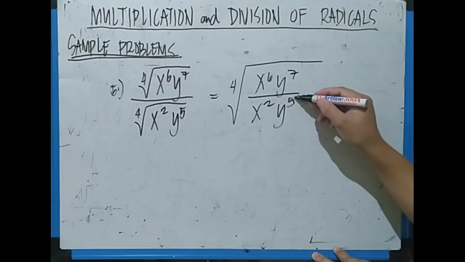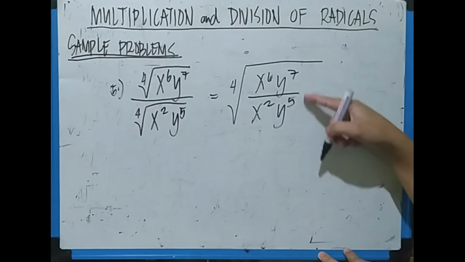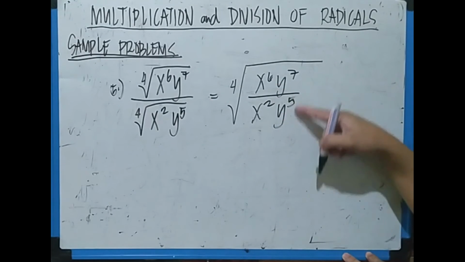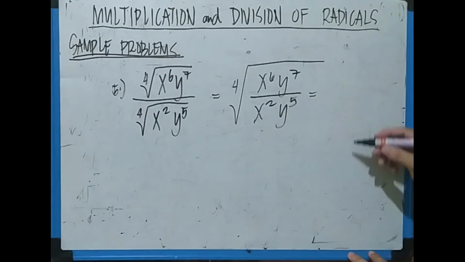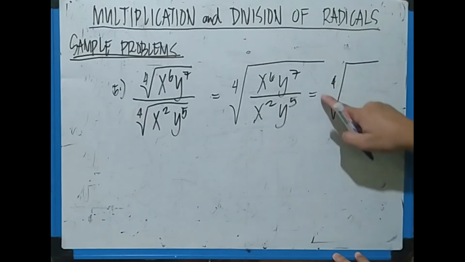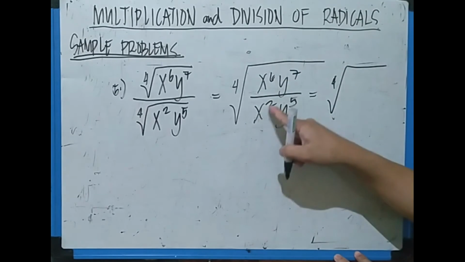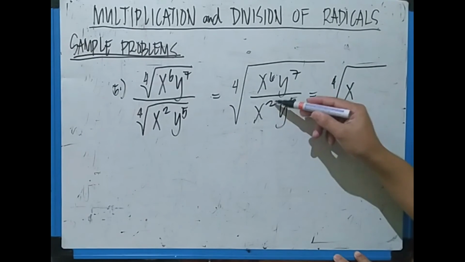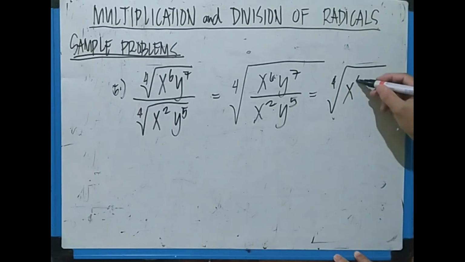Now, guys, this problem is similar to simplifying rational expressions, where in division we just subtract the exponents. That is allowed, since they have the same base. So this is equal to the 4th root of x raised to 6 divided by x squared: 6 minus 2 is 4.